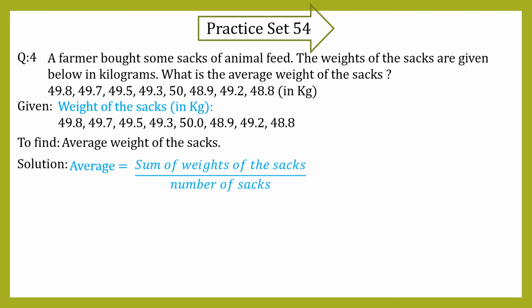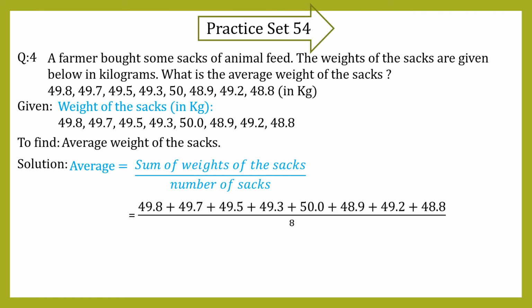Let's take up the sum in the numerator of all the weights, that is 49.8 plus 49.7 plus 49.5 plus 49.3 plus 50.0 plus 48.9 plus 49.2 plus 48.8. Now dear children, remember 50 is written as 50.0 to make the calculation easier.